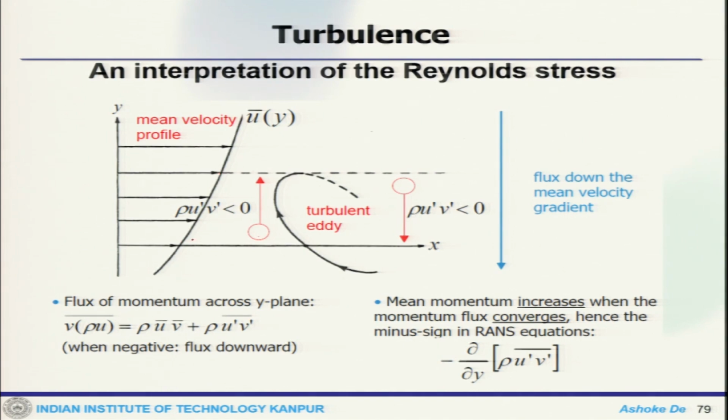But between this point and this point, to maintain that momentum flux, this term has to be negative. Similarly, this happens through transport by the turbulent eddies. If you come from this position to this position, your mean momentum decreases, but to maintain the momentum, this has to be increased. So, one can look at it in that way.